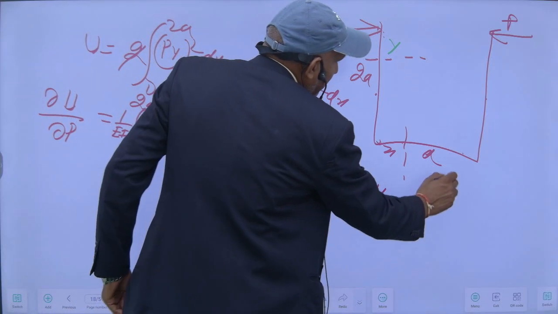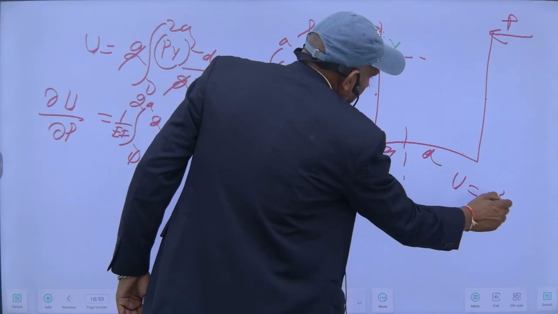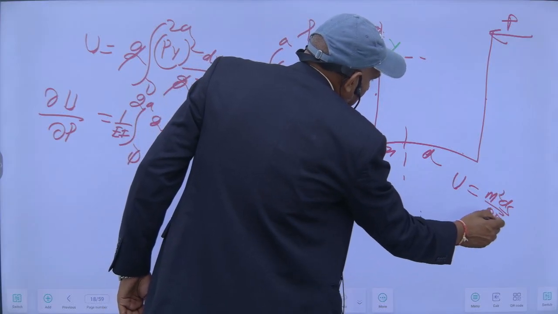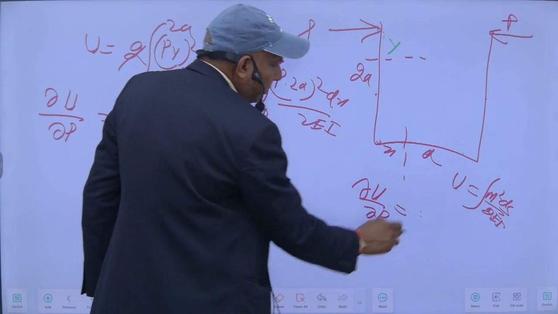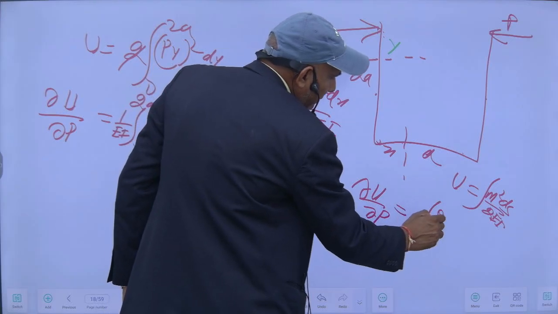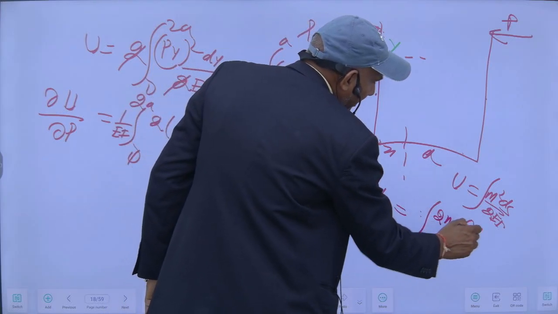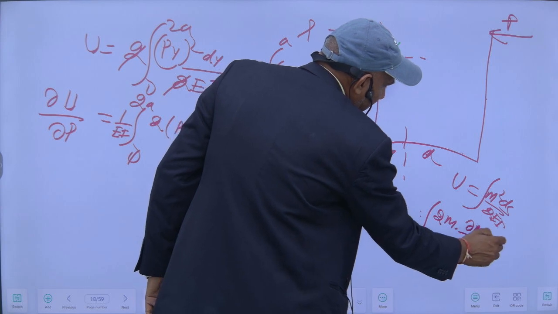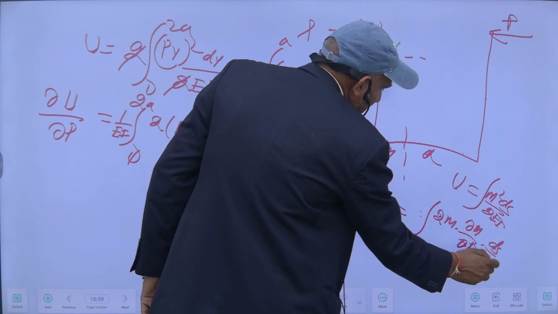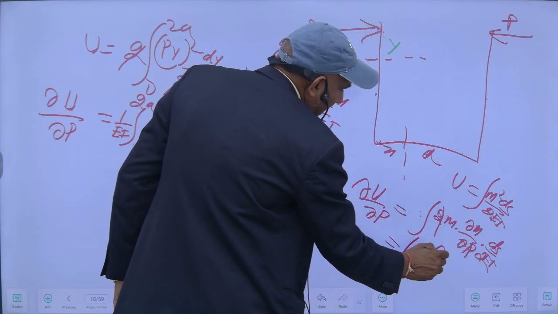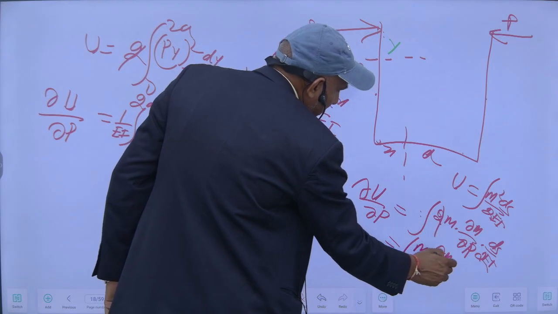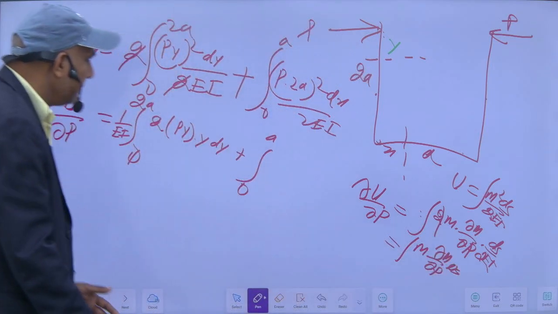Basically U is equal to M square ds upon 2I. This is the formula. So delta U upon delta P will be 2M into delta M upon delta P into ds upon 2I. So this will be M into delta M upon delta P into ds. This is what exactly I am doing.